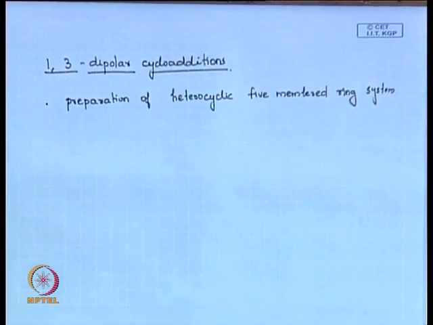So, you can think about making molecules with heterocyclic 5-member rings. That is why 1,3 dipolar cycloadditions have more synthetic utility, they have been used a lot.